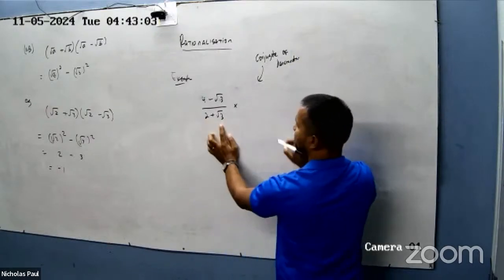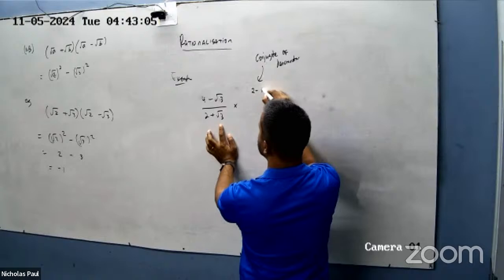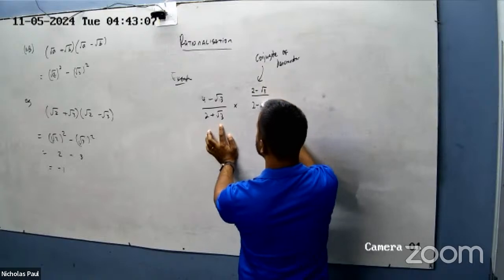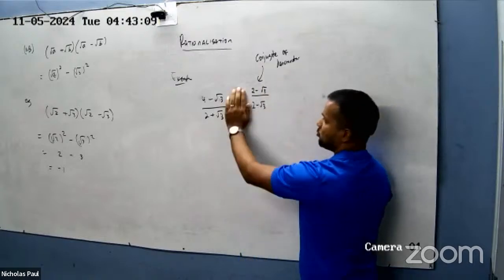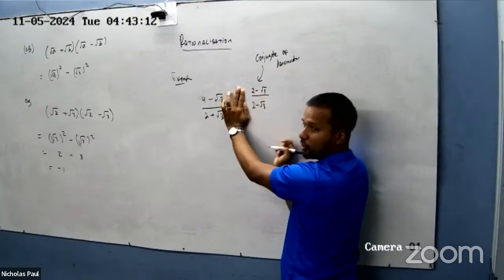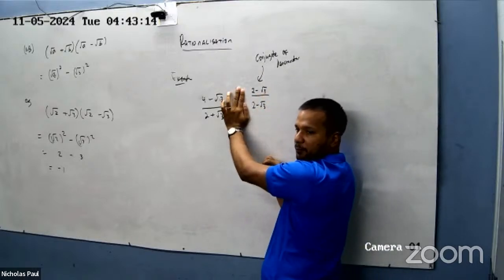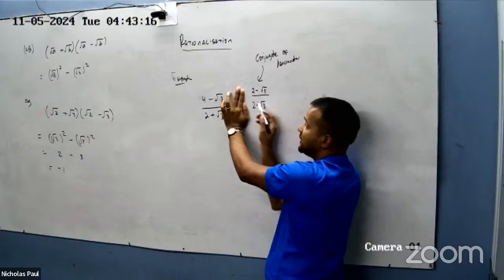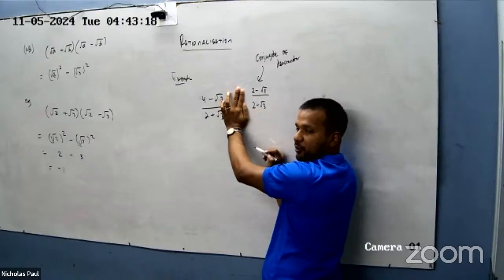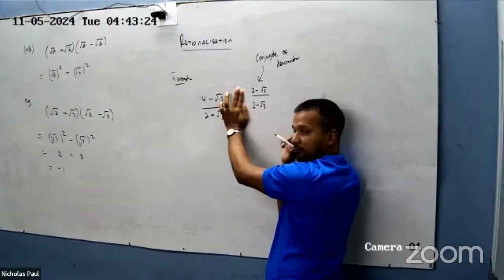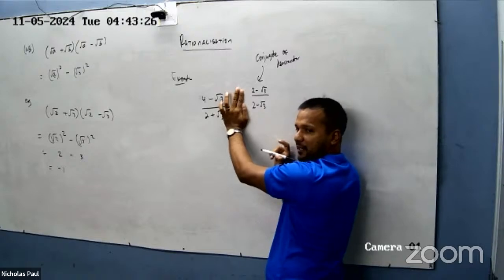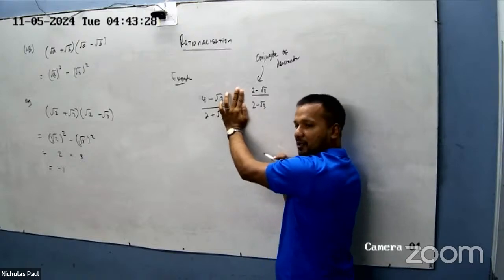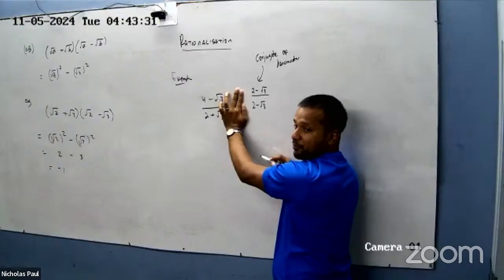So 2 plus root 3 will become 2 minus root 3 over 2 minus root 3. What is 2 minus root 3 over 2 minus root 3, Nathan? No calculator. This is basic, in your head. Well, what's 4 divided by 4?